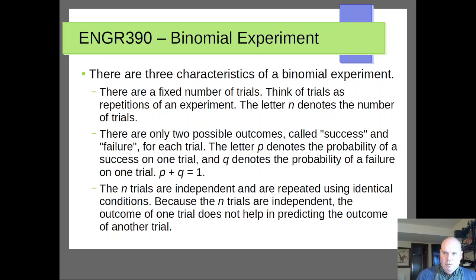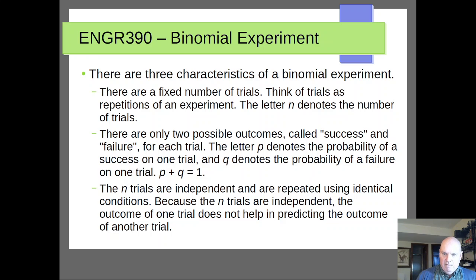There are a fixed number of trials. Trials are repetitions of an experiment, and we use the variable n to represent the number of trials. And there are only two possible outcomes called success and failure for each trial. We let the letter P denote the probability of success, and the letter Q the probability of failure.